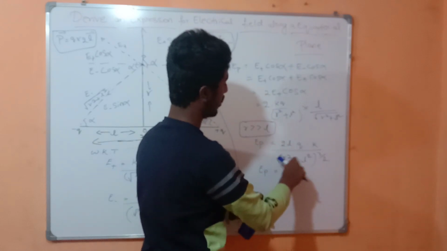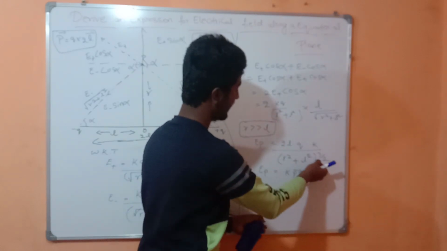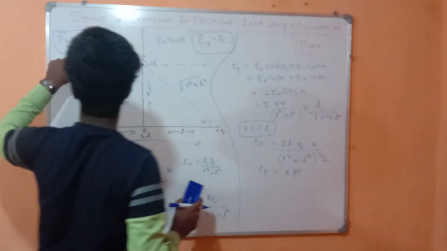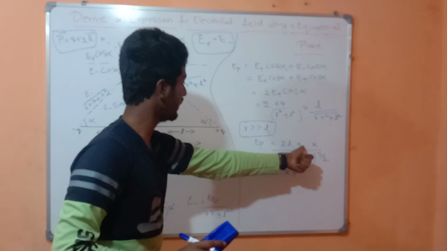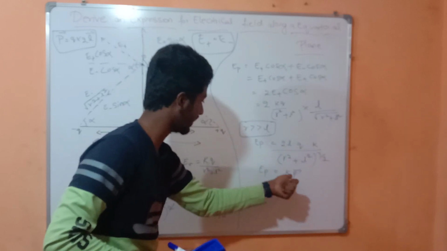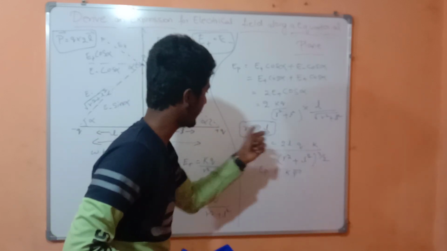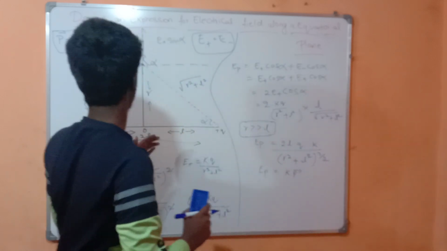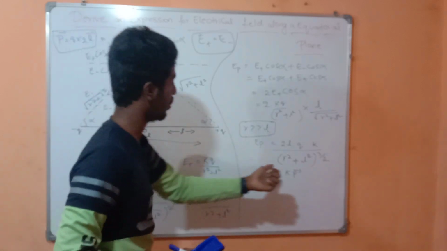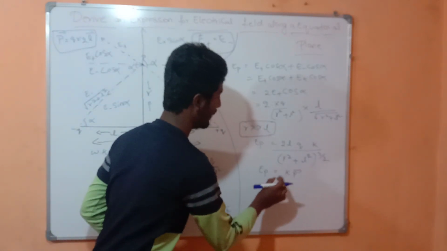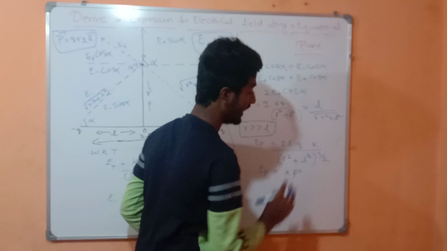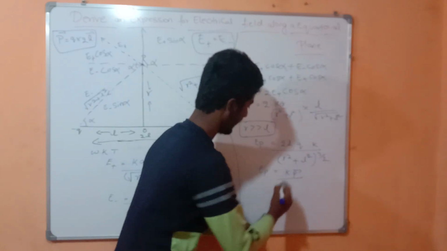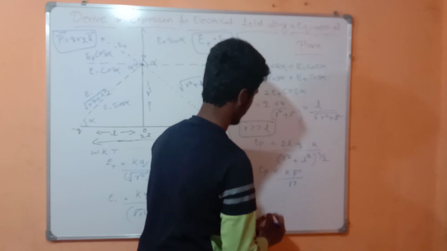R square means 2 into 3, 6. 6 divided by 2 is 3. I have written Q into 2L as vector P and K, and now R is very greater than the length of this dipole, so we are only left with R square. 2 into 3 is 6. 6 by 2 is 3. Let me write R cube.